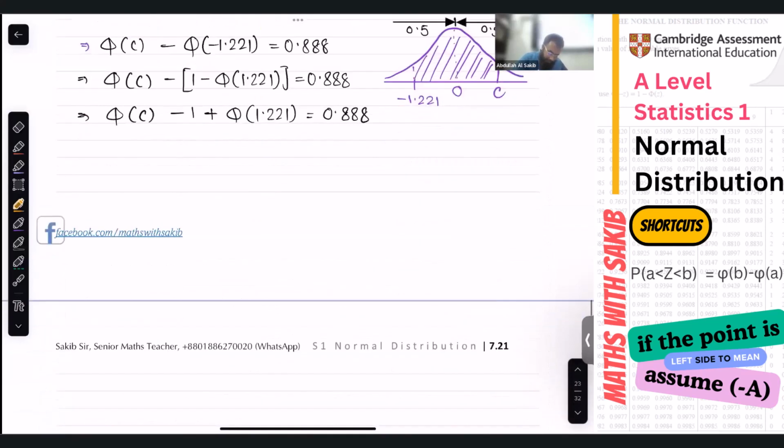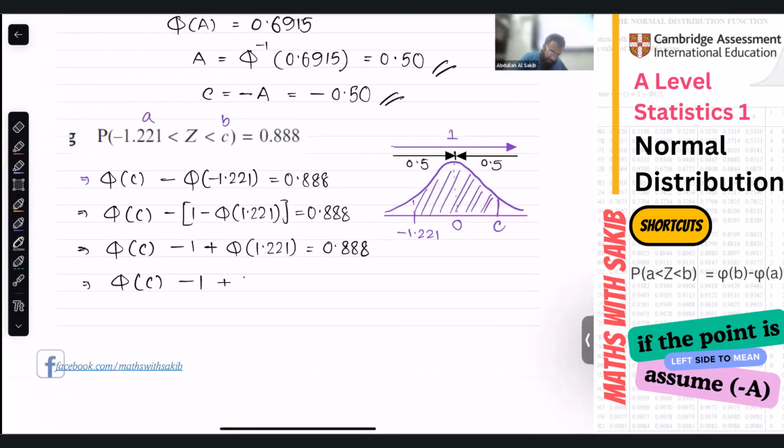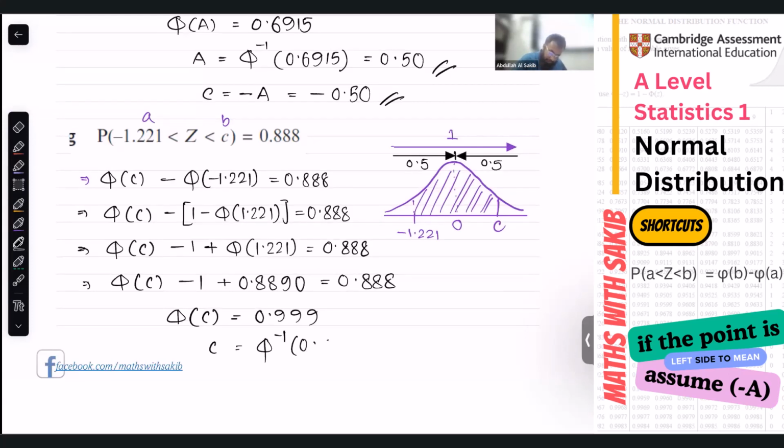So let's write the value. Phi C minus 1 plus 0.8890, and that's equal to 0.888. So phi C equals 0.888 plus 1 minus 0.8890, which is 0.999. So C equals phi inverse 0.999.